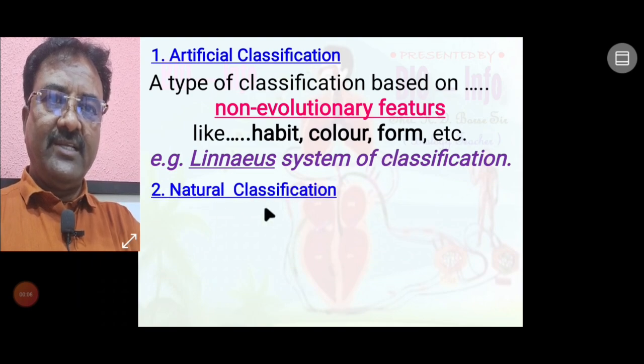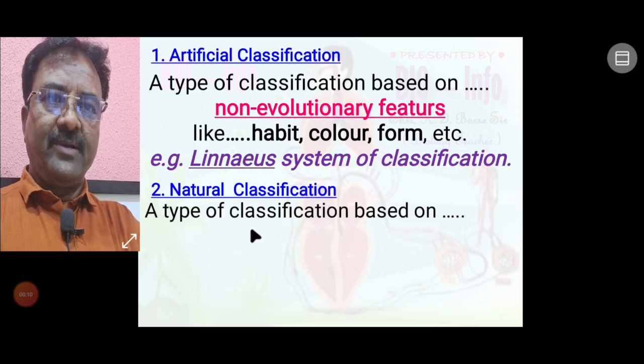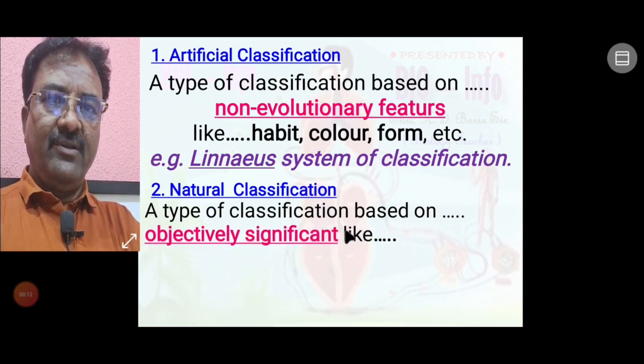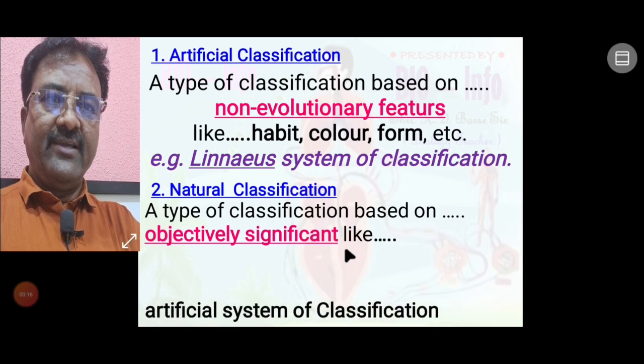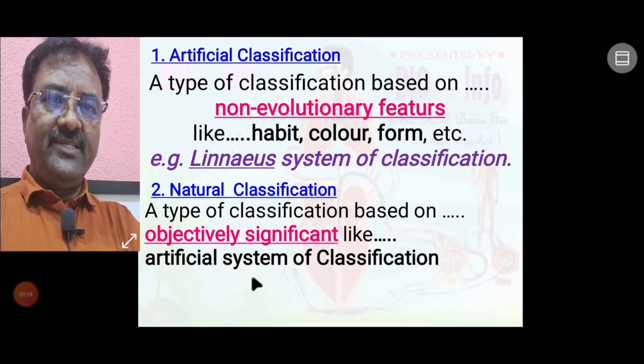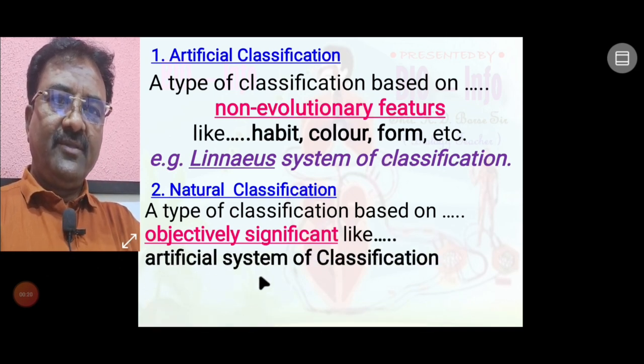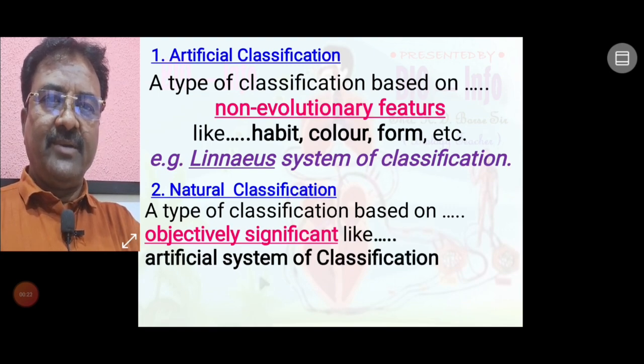Second one is natural classification. It is also a type of classification based on objectively significant characters, like the artificial system of classification.